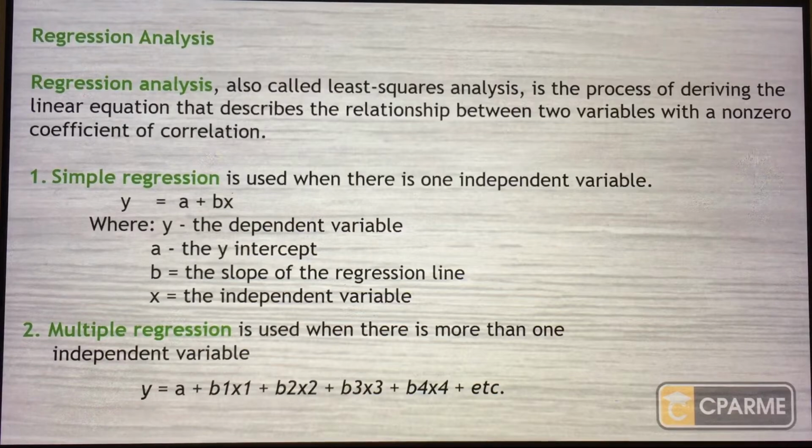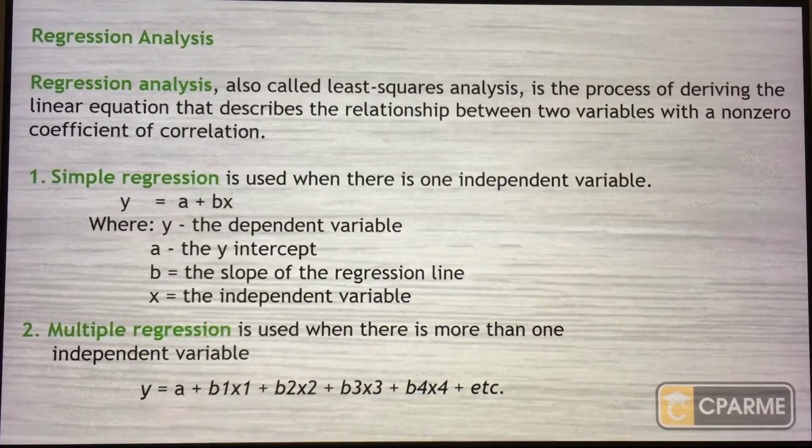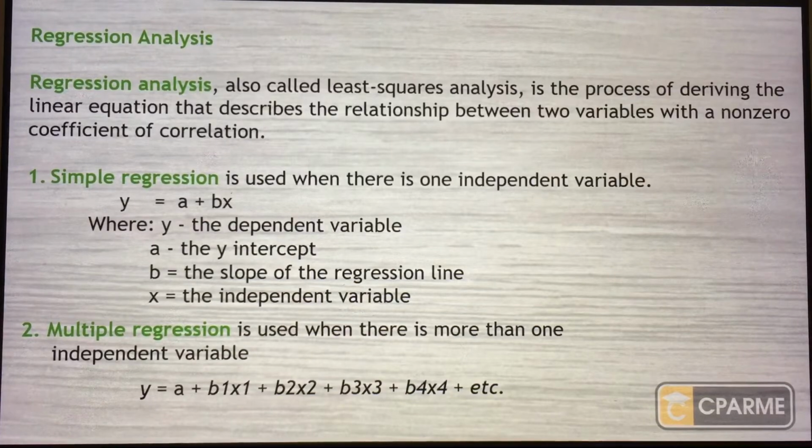In a simple equation or in a simple budgeting technique or budgeted cost that we are doing, we could say that y is equals to A plus Bx, where A is just like the fixed cost, the B is the variable cost per unit, and then the X is the driver or the activity, like number of labor hours, number of pounds shipped, number of units produced. Yeah. And then the multiple regression is used when there is more than one independent variable.